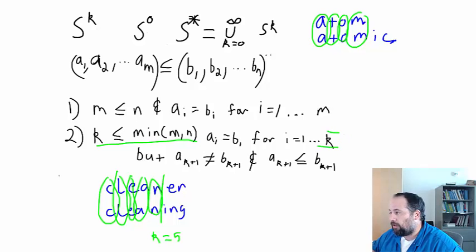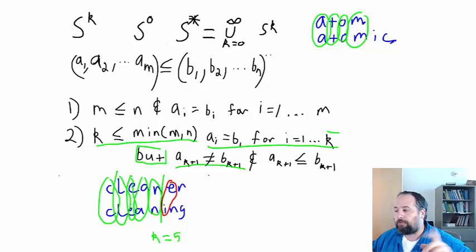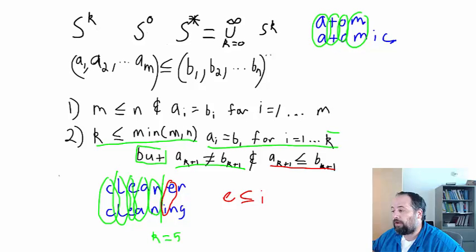So this part is true. But A k plus 1 not equal B k plus 1. And in this case, that is true, right? I probably should have aligned these a little bit better. A k plus 1 and B k plus 1 are not equal. And A k plus 1 is less than B k plus 1. Well, we do know that E comes before I in the alphabet, right?